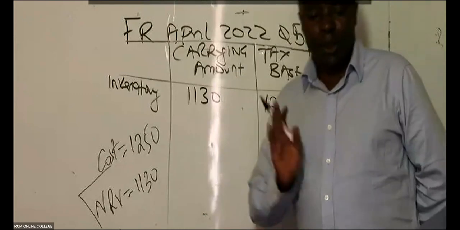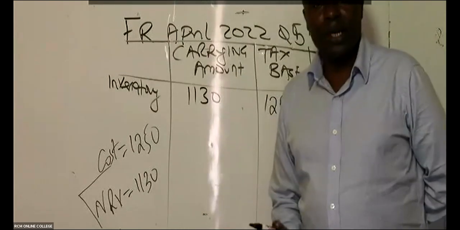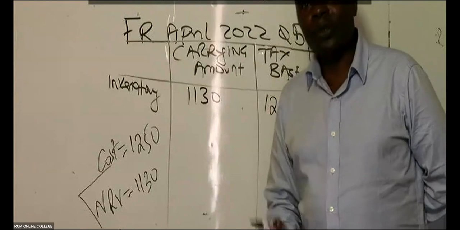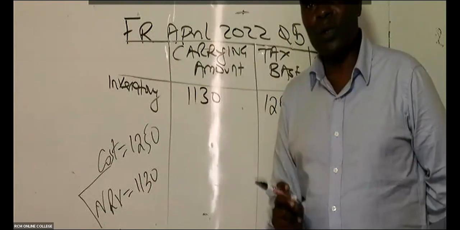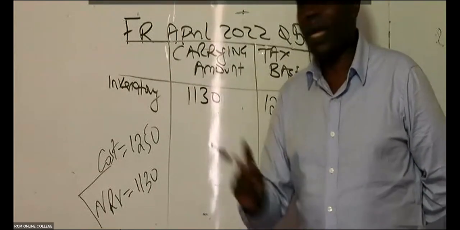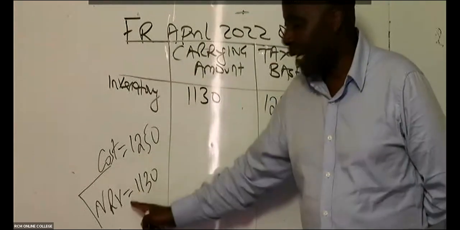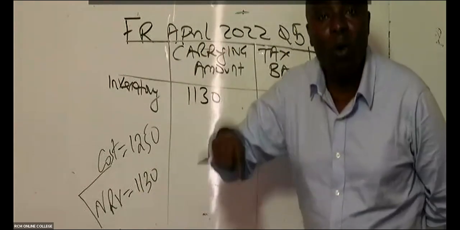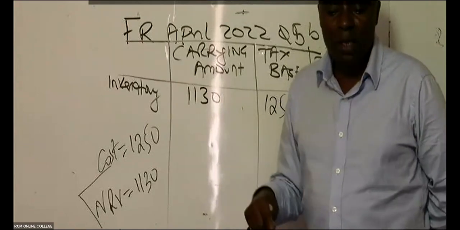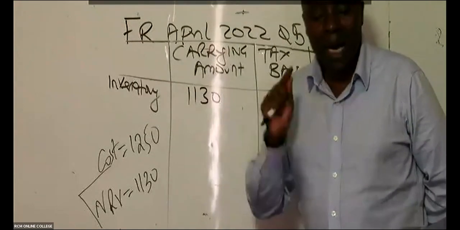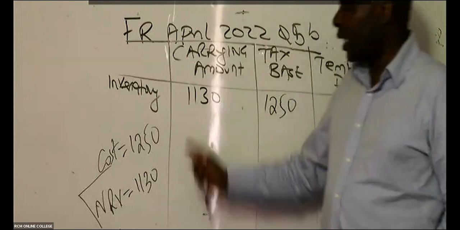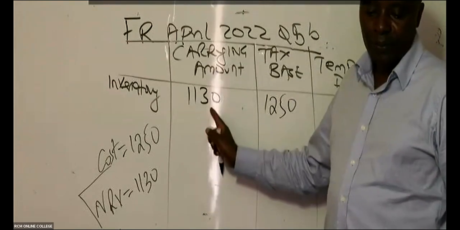And IAS 2 is very straightforward. It tells us that whenever you are ascertaining the carrying amount, it shall always be a comparison between cost and net realizable value, whichever is lower. So in this case, the one that is lower is our carrying amount. So the carrying amount is 1130.